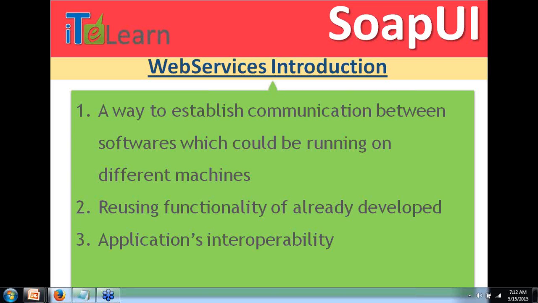We need not develop it again, and we can use different platforms to communicate, from a Windows machine to a Linux box, or from the Android mobile operating system to iOS. So web services come into the picture, and this resolves this kind of communication issue.